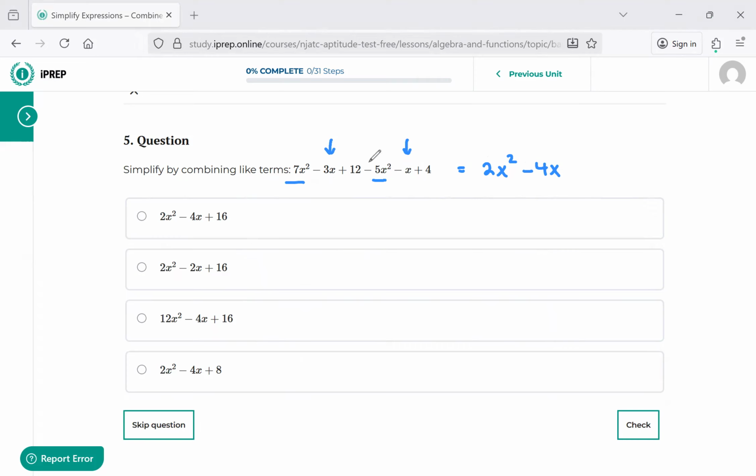And then our constant is a positive 12 and a positive 4. That's 16. So it's that one. Wait, actually, no, it's not this one. That's a 2. 7 minus 5 is 2. So 2x squared minus 4x plus 16, this one.